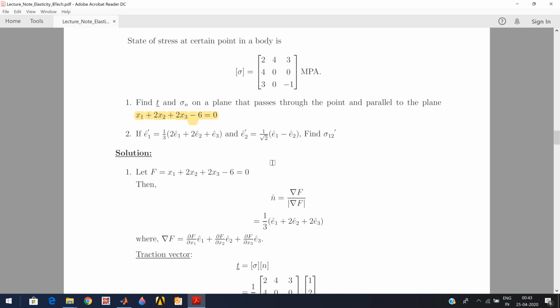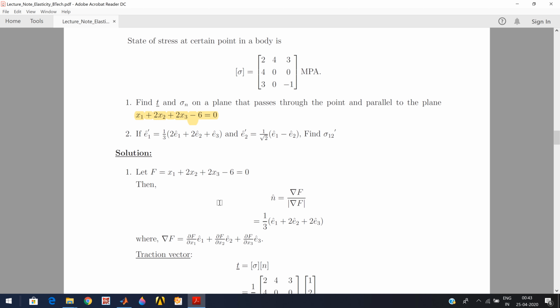All right, so now to find the traction vector, we know that we need the normal vector. We already have sigma defined, so if we find the normal vector n, then we can find the traction vector t as sigma n.